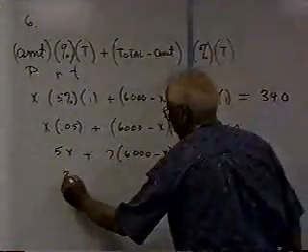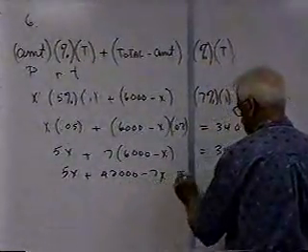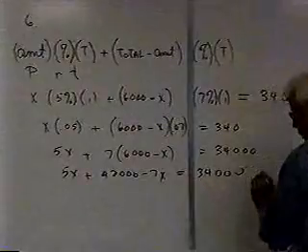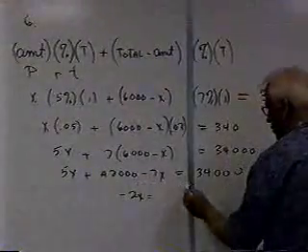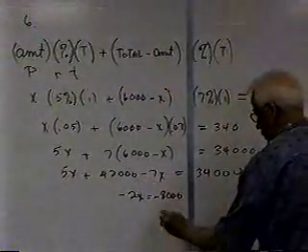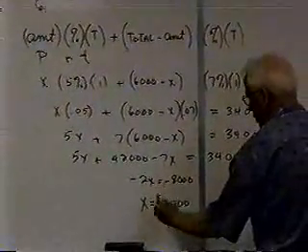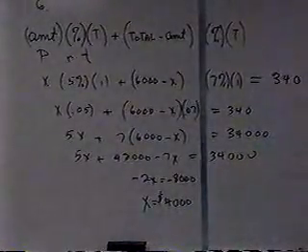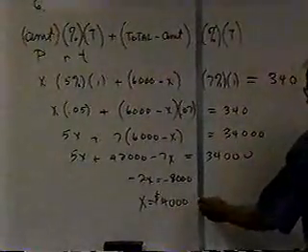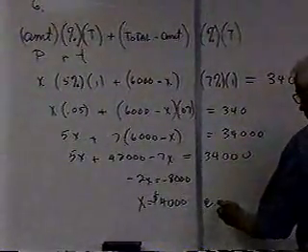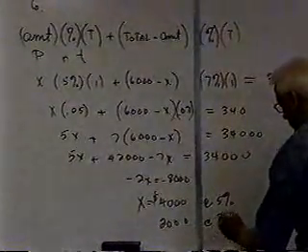So solving this, we have 5X plus 42,000 minus 7X is equal to 34,000. So combining, we get a minus 2X, and moving this across, we get a minus 8,000. So dividing by minus 2, we get $4,000. Now, 6,000 total, so we're going to invest 4,000 at 5%, and therefore 2,000 at 7%.